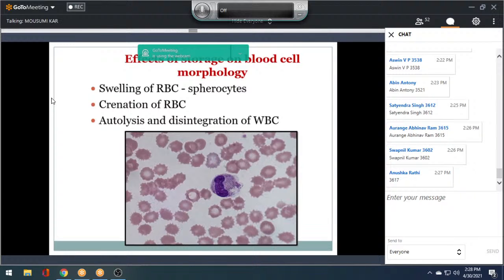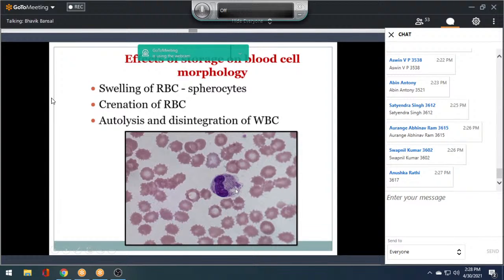So these are some of the artifacts that you can see. What are these RBCs? Can you tell? These are the crenated RBCs. And what is the cell? A neutrophil. And is there something wrong with this neutrophil? Does it look like a normal neutrophil? The two nuclei, I mean, there isn't a lot of segregation.